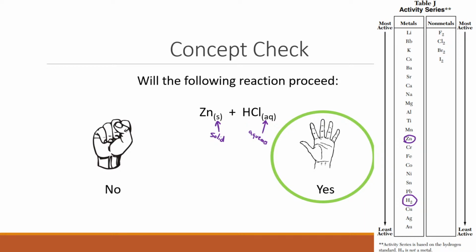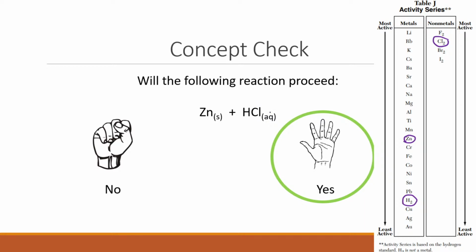How do we know which elements are replacing each other? Let's look. Zinc, hydrogen, and chlorine. There are 3 elements here. Can chlorine interact with zinc or hydrogen? No, it cannot.